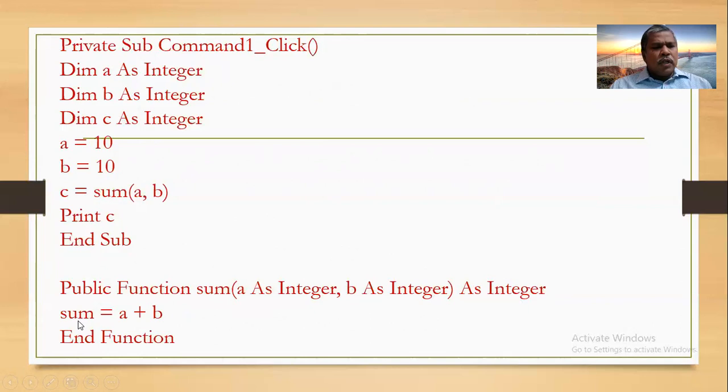Here there is no return statement needed. In the left hand side, you have to use the function name, sum equal to A plus B. There is no need for the return statement in VB. The name has to be on the left hand side at least one time.